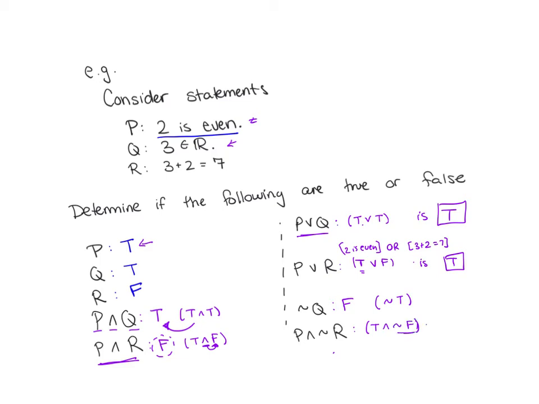So that's the same as true and true, and we know that true and true is true. So it is true that 2 is even, and 3 plus 2 is not 7. That's another way we can think about that.